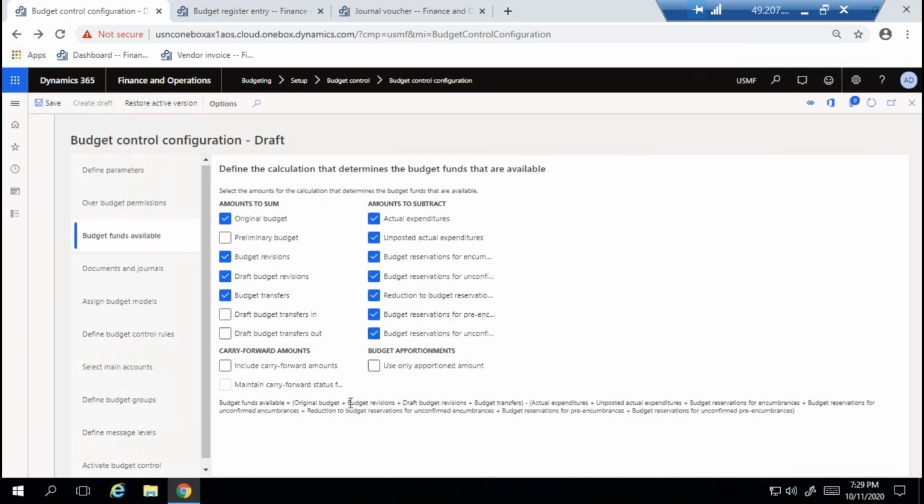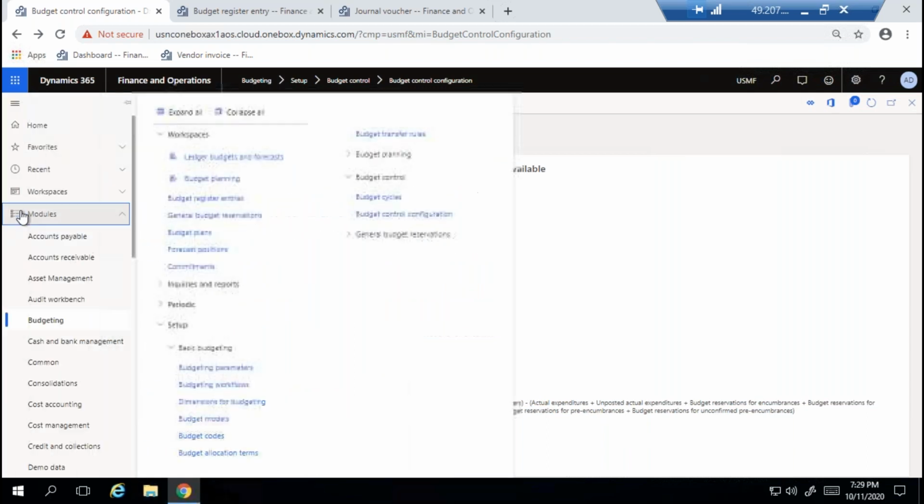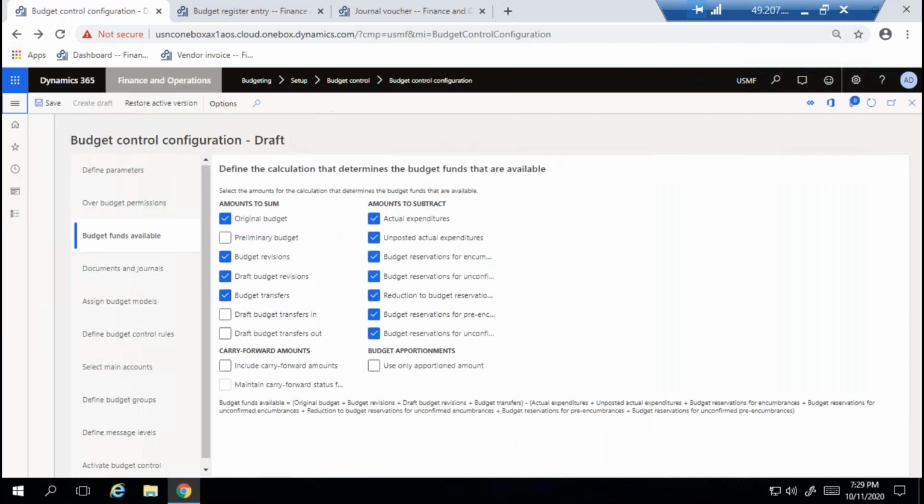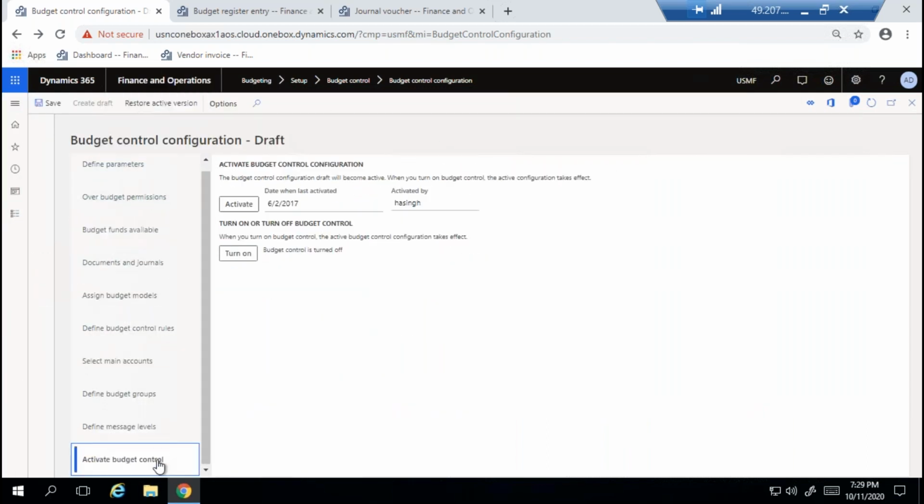So: original budget plus budget revision plus draft budget revision plus budget transfer minus actual expenditure. You will understand these things. So I have created, now I am enabling. I want to activate.